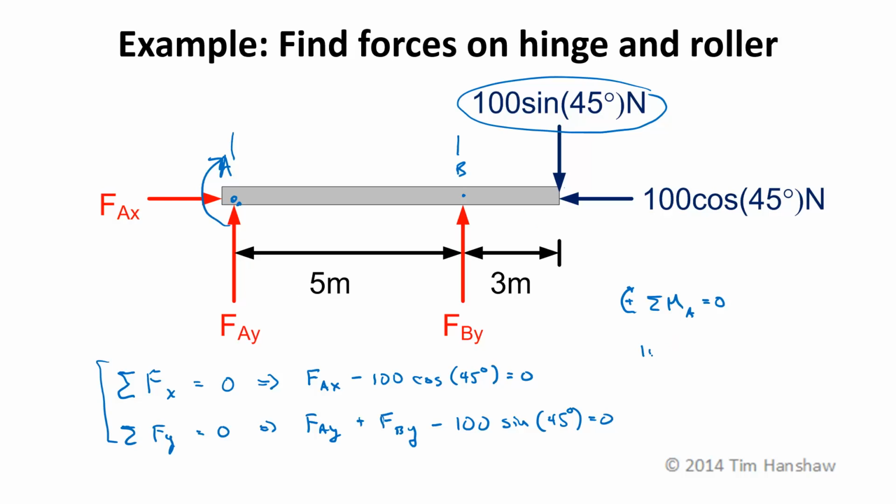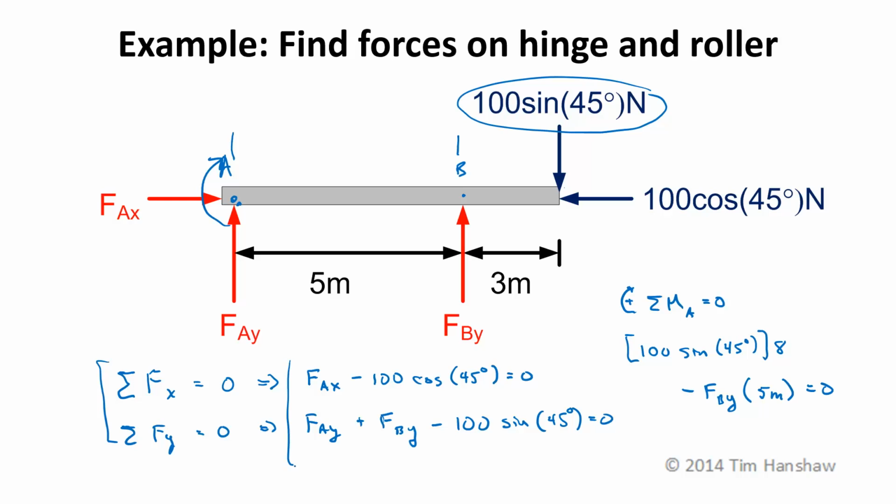So I have a force of 100 times sine of 45 degrees times a moment arm of 8 meters. Fby is going to try to make this rotate in the opposite direction, so minus Fby times its moment arm, which is 5 meters, is equal to 0.